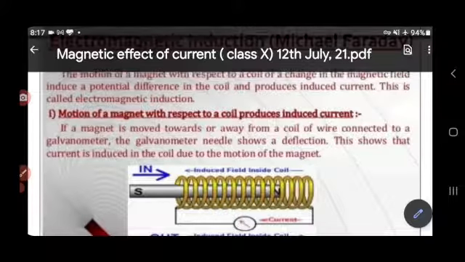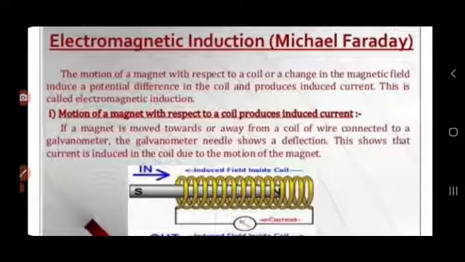See the diagram. Here you see a change in magnetic field produces the induced current, and that was shown by the galvanometer. Now the direction of induced current is given by Fleming's right hand rule.